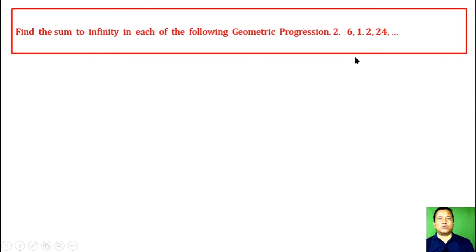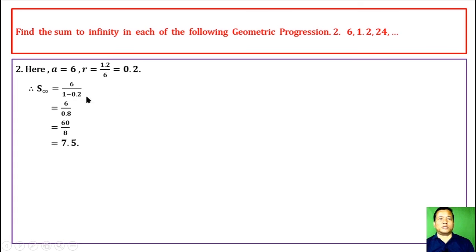For question number 2, 6, 1.2, 0.24, etc. Here a is 6, r is 1.2 by 6, that is 0.2. Therefore, S infinity is a by 1 minus r. Putting their values, we get 7.5, which is the required sum.